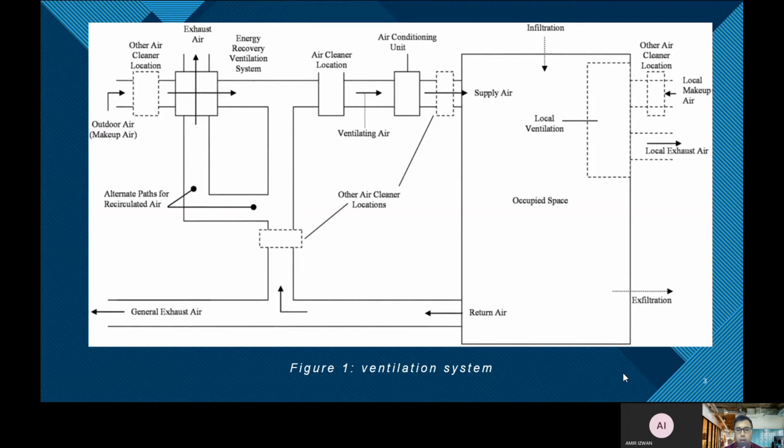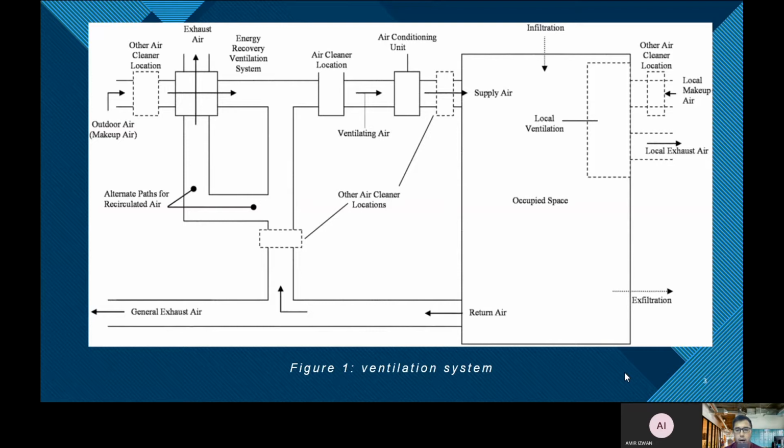Infiltration is uncontrolled inward air leakage to a conditioned space through unintentional openings in ceilings, floors, and walls from unconditioned space or the outdoors, caused by the same pressure difference that induces exfiltration.